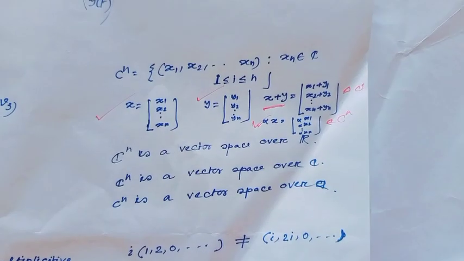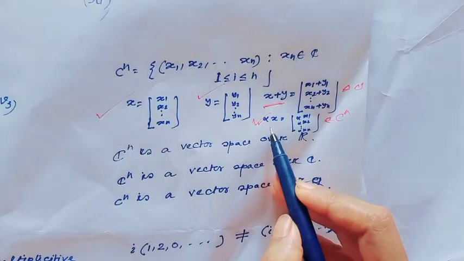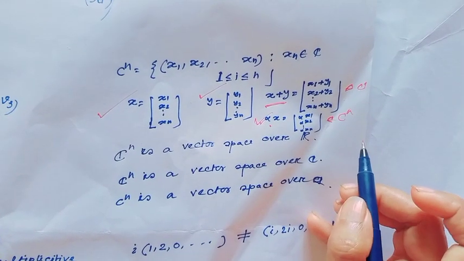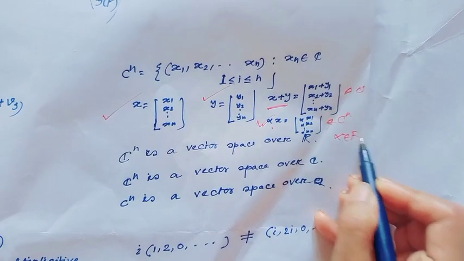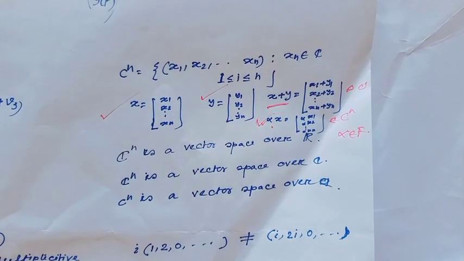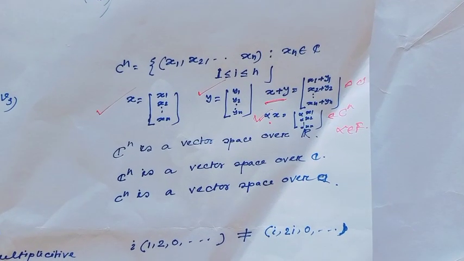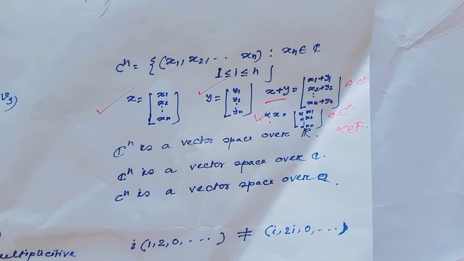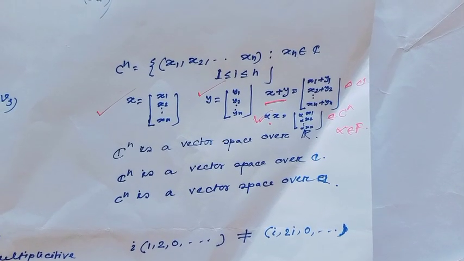But here the idea is that this alpha is a member of the scalar field. A vector space is always defined over a scalar field, because for multiplication a scalar number is also needed.